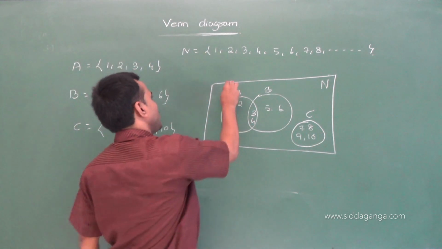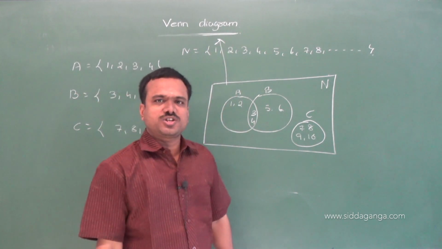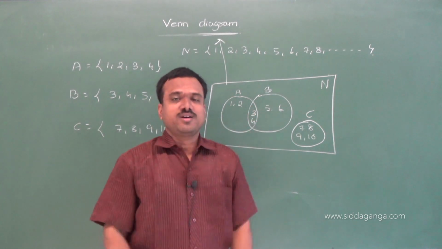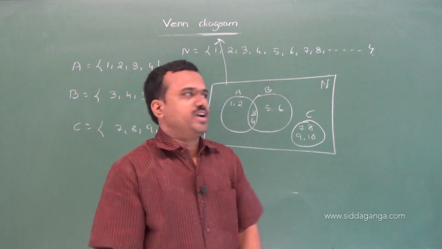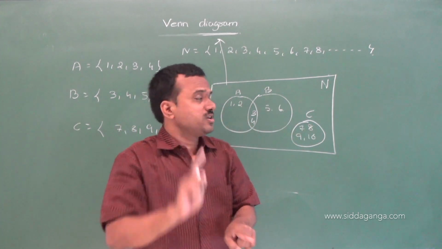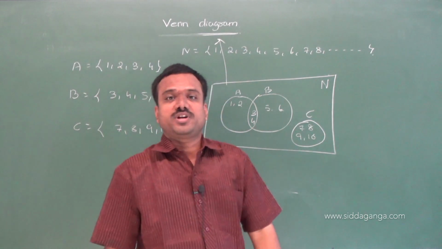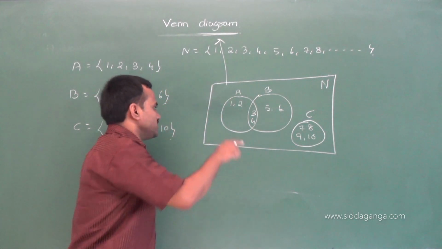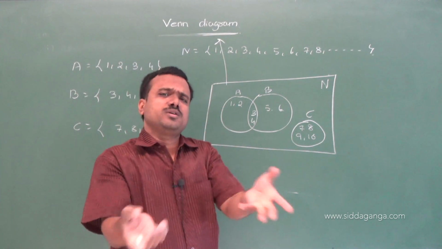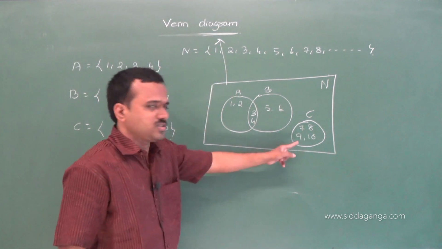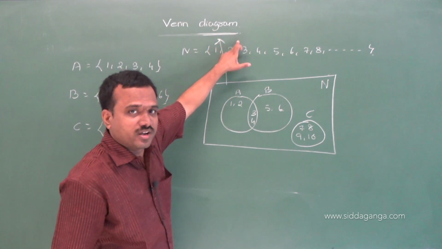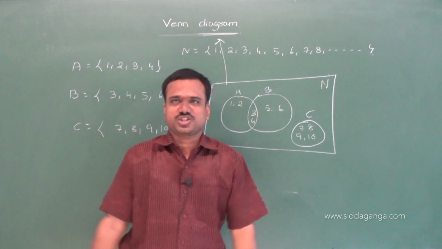This diagram we call a Venn diagram. Once again I explain. In a Venn diagram, universal sets are represented by a rectangle, and subsets are represented by a closed curve. Closed curve means circle. This type of diagram we call a Venn diagram. Clear? Okay, we will see the next concept.